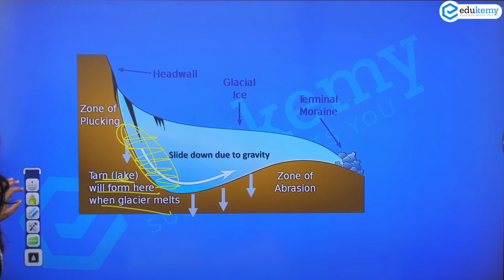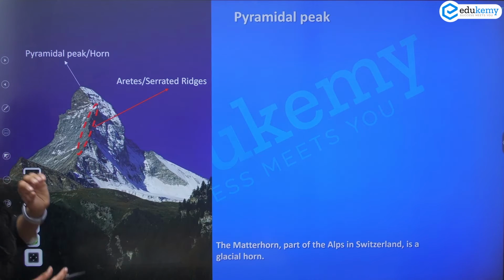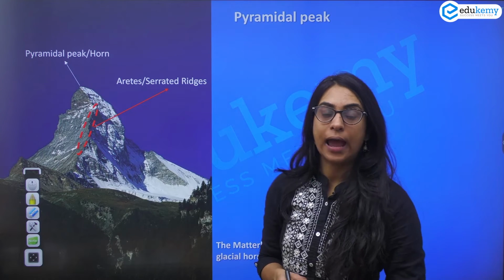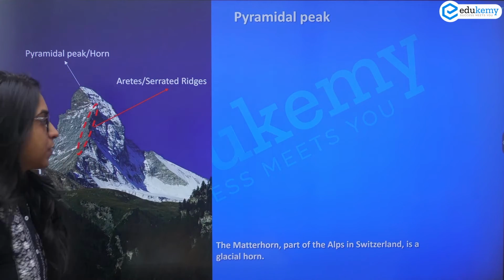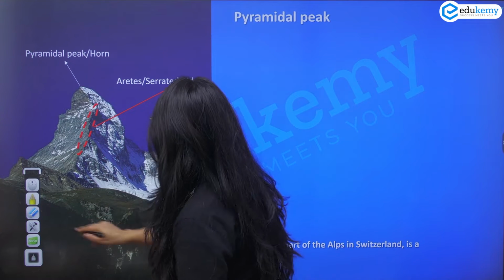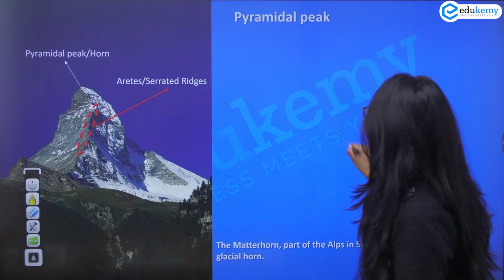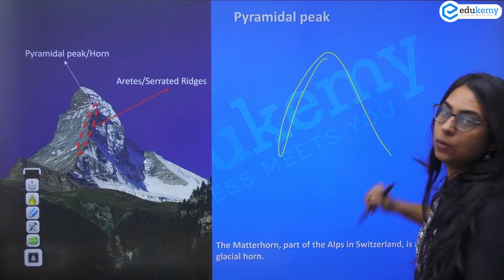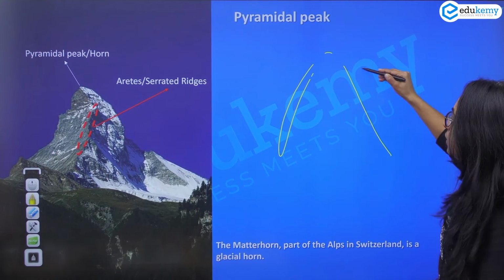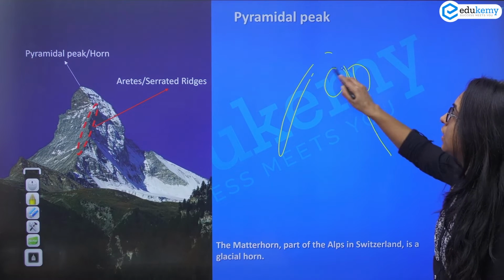Then moving on. The second erosional landform is called the pyramidal peak, and associated with this are the arete and the serrated ridge. Now understand, if this is the mountain, here there is a depression which is created, here and here.